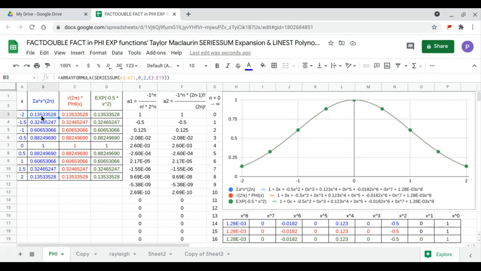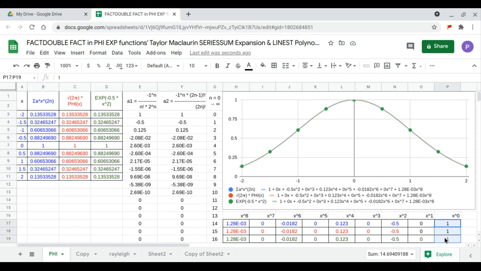Suppose, because I'm currently using the factorial coefficient, I want to use the double factorial coefficient, which is this. Let's enter. The data sets are still the same.